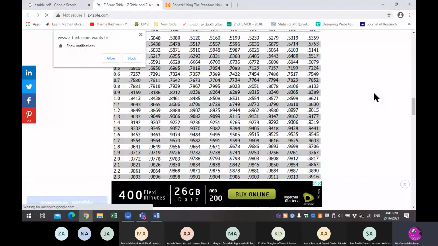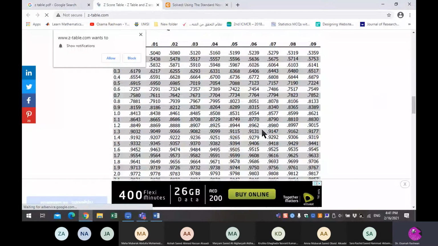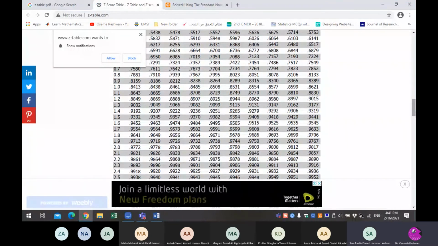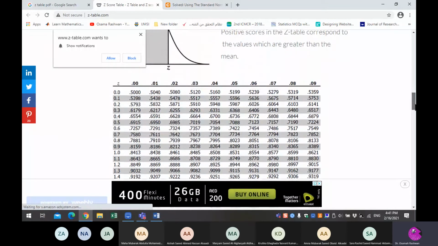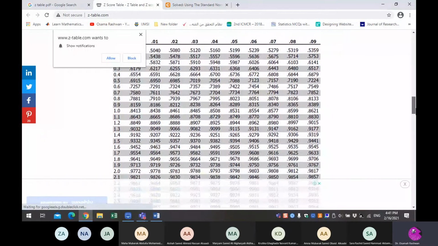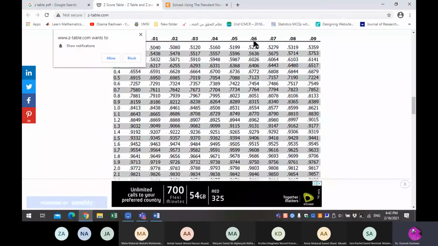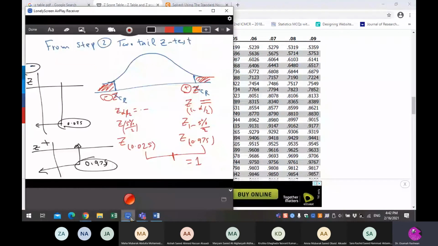I go up here and find 0.06. So my Z corresponding to 0.975 is 1.9, and I add 0.06. So my critical value is what?